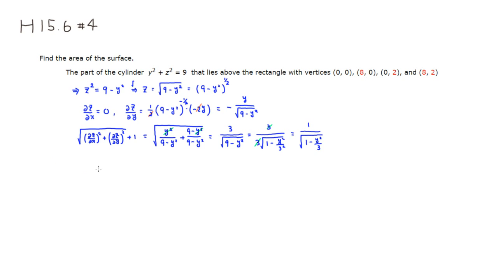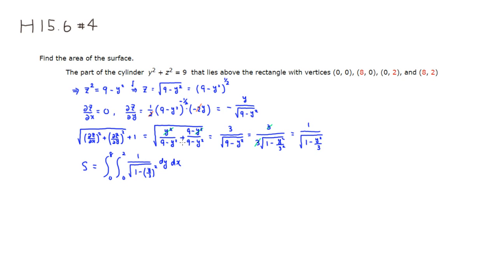So our surface area S is going to be a double integral. The rectangle is from (0,0) to (8,0), so x goes from 0 to 8, and y goes from 0 to 2. Then we integrate 1 over the square root of 1 minus (y over 3) squared, with respect to y and with respect to x.